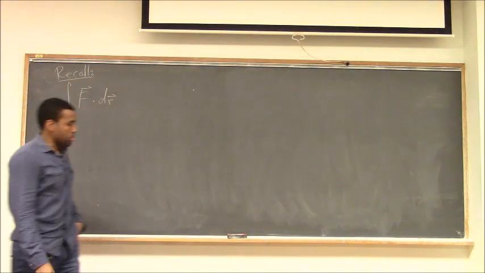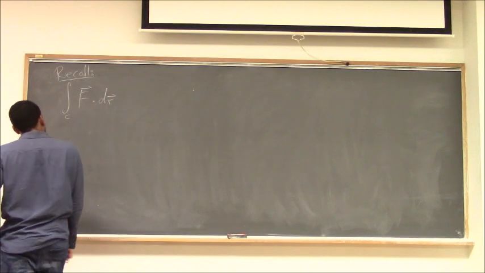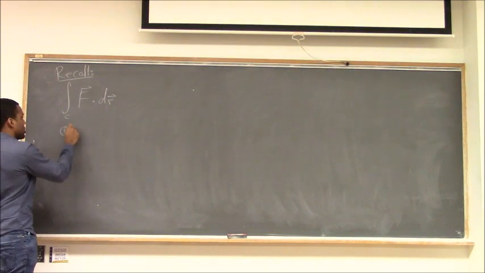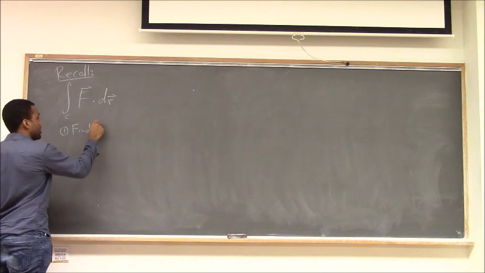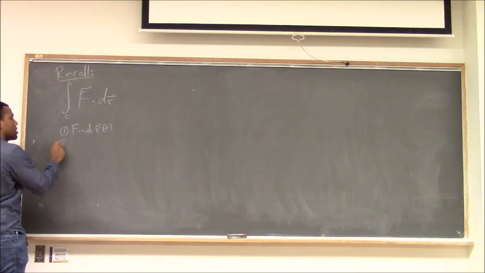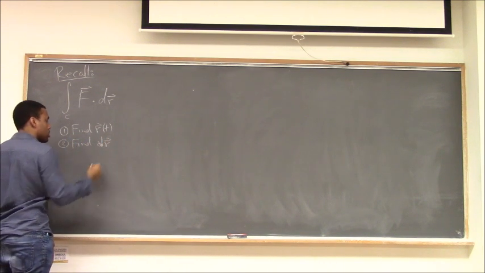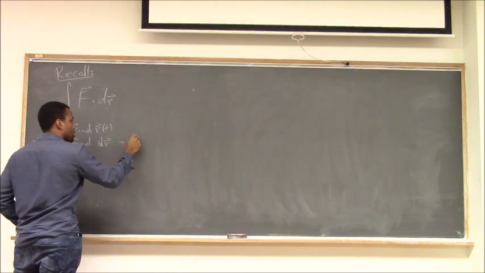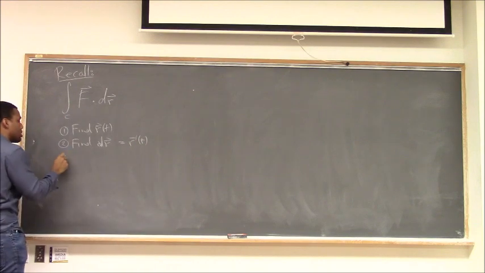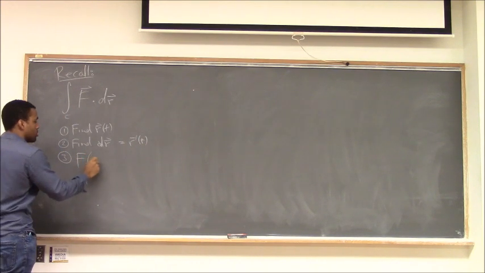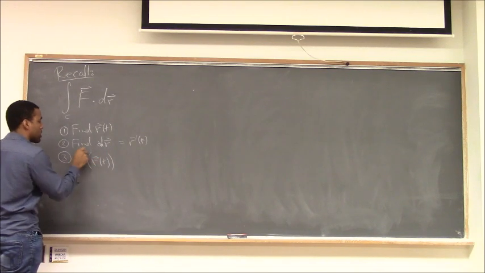Okay. Can you tell me the steps to compute such an integral? Find r, then find dr, which you just get by differentiating r. Then find F, plugging your parameterization into the given vector function.